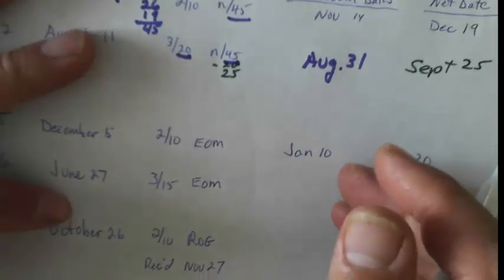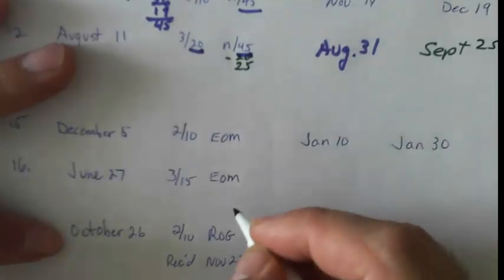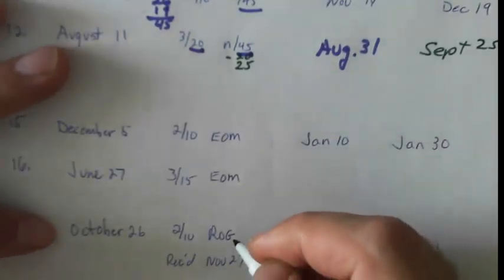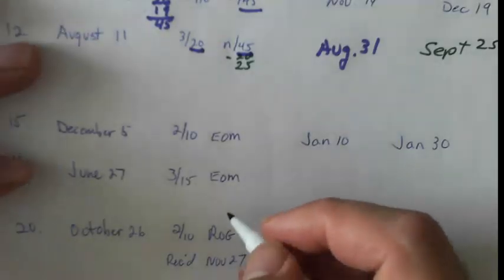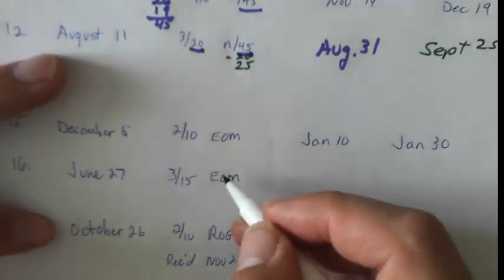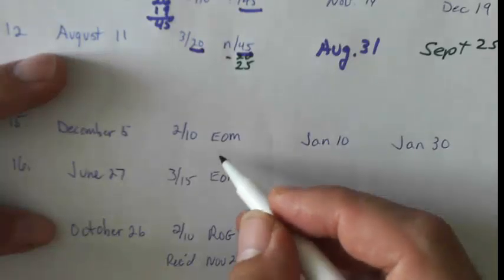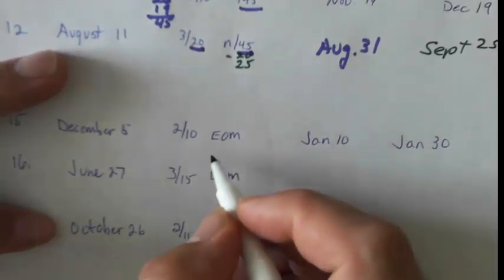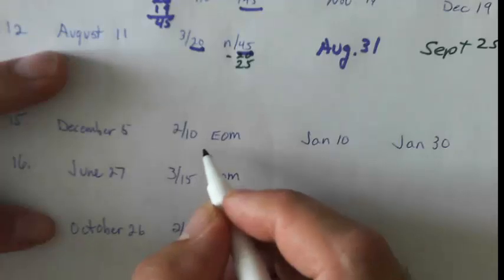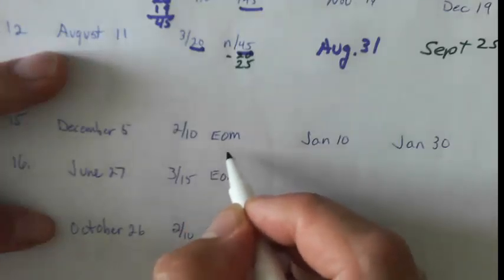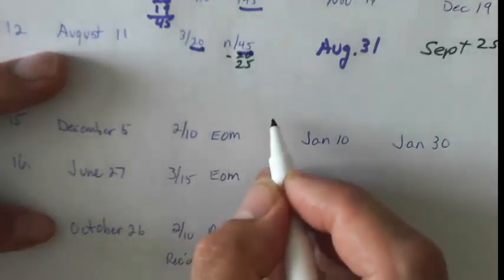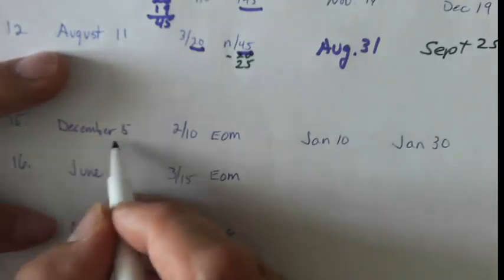Now in this last section, we have end of month, receipt of goods, and a few other vocabulary words. There are some nuances that go along with these words. End of month means you wait till the end, and the dates start at the first of the next month. So this is December 5th.